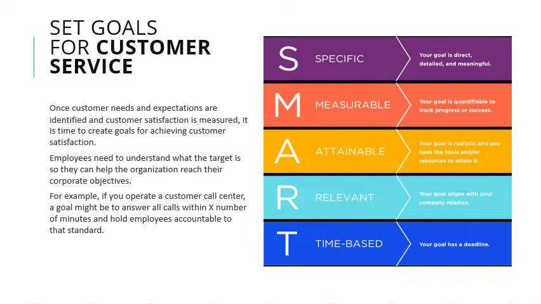M is measurable: not all services are measurable, but some are. A is attainable: your goods or services should be realistic, and you should have the tools and resources to attain it. R is relevant: you have the name but you are not doing what the brand needs, so you should take account of that. T is time-based: you should have a deadline in order to achieve those goals. That's the thing.